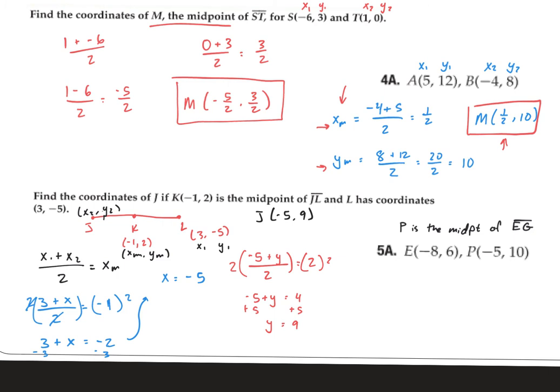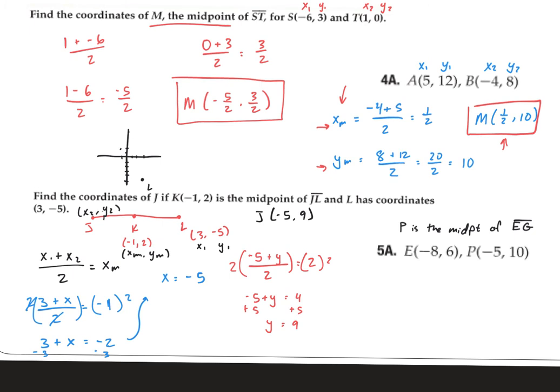Now, if you wanted to get a better idea of what the picture looks like, you could have sketched this on a coordinate plane. It wouldn't have taken much. So L is (3, -5), so that's 1, 2, 3, then -5, 1, 2, 3, 4, 5. So here is point L. K is (-1, 2).